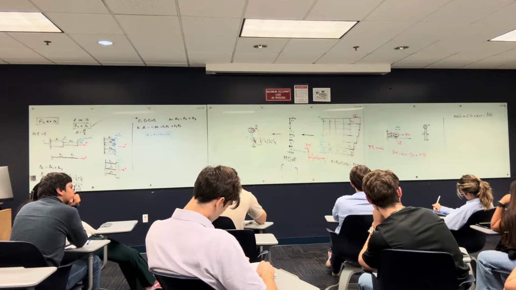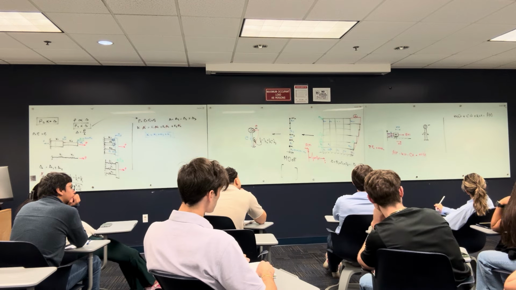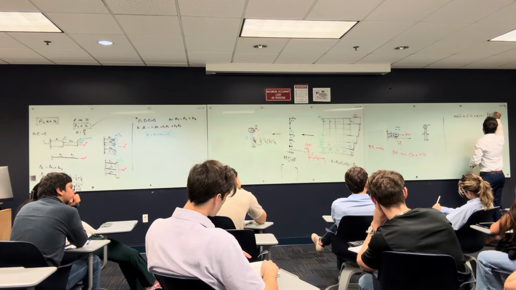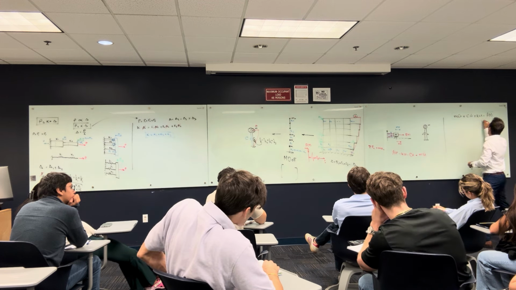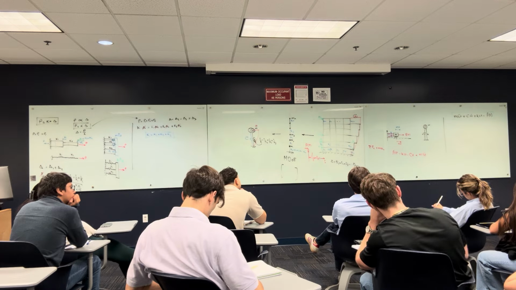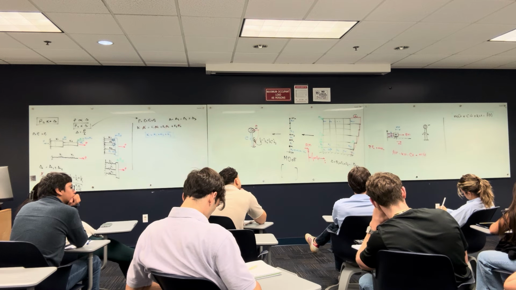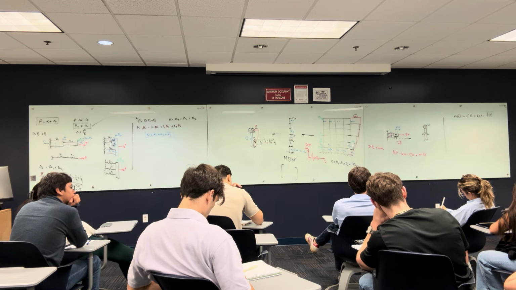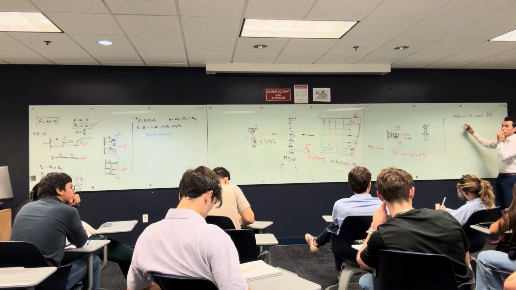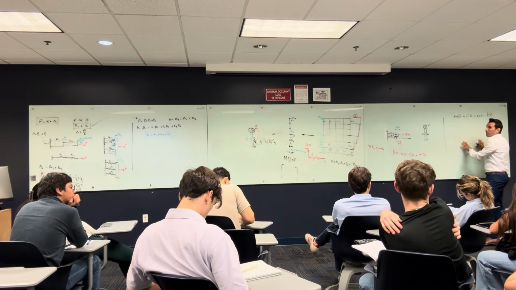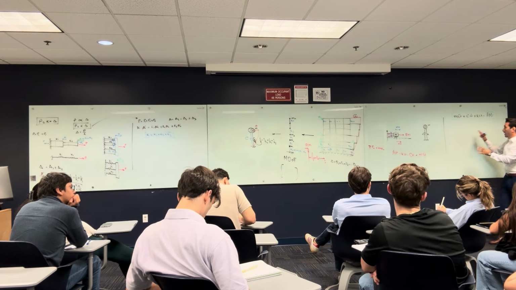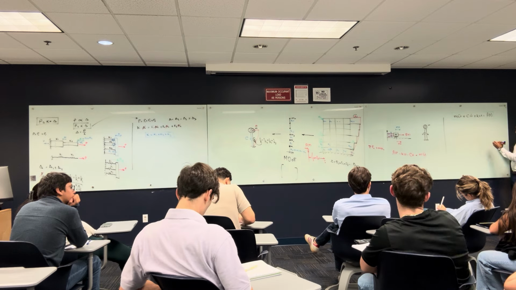This is one of the most important equations in structural dynamics. This is the differential equation of the structure, the structural dynamic differential equation of the structure. If you solve this differential equation, what do I mean by solving?